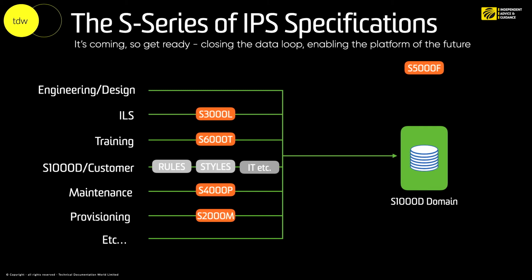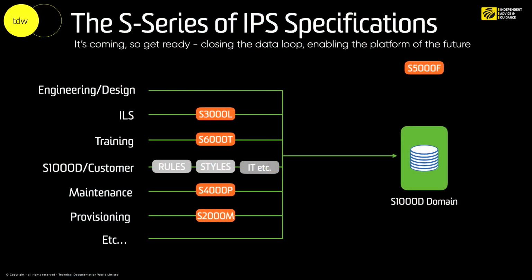Now, I have simplified this because there are lots of what we call connecting specifications. I think Paul Haslam calls them glue specifications. And there are lots of little areas in here that are not illustrated, because to go into too much detail would take too much time for a short YouTube tutorial.